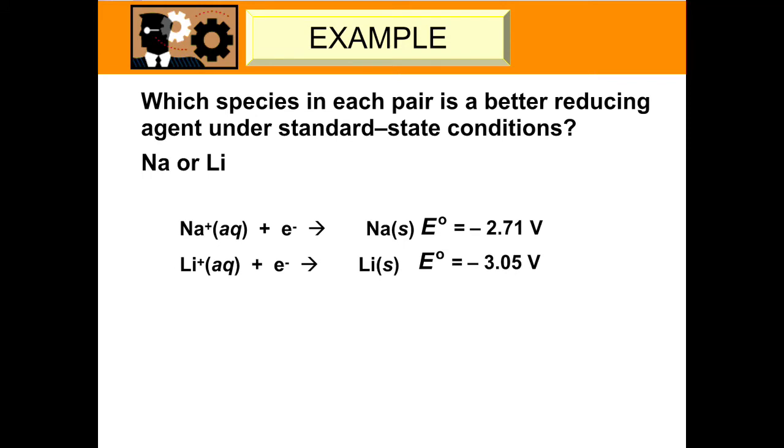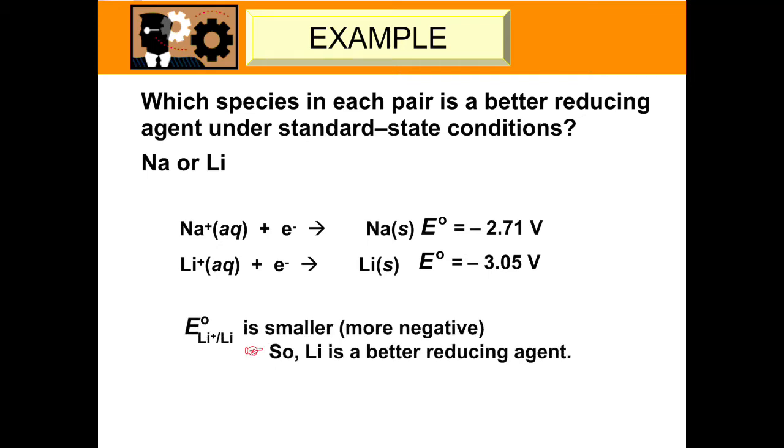First, we write down the equations from the electrochemical series, including the E0 values. From the E0 values, we know that E0 for lithium is smaller, or more negative. Hence, lithium will be a better reducing agent.